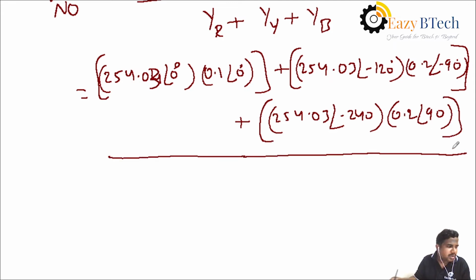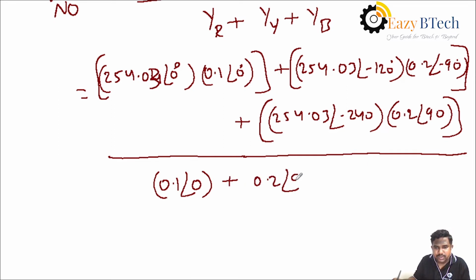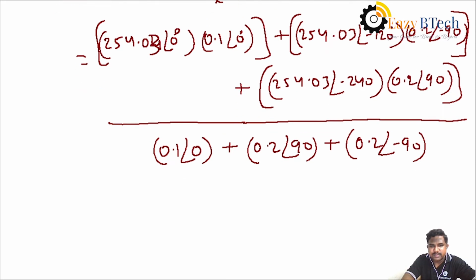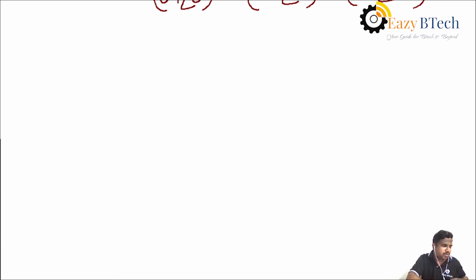divided by the total admittance value, that is 0.1 at an angle 0 plus 0.2 at an angle 90 plus 0.2 at an angle minus 90. Hence, you can simplify the ratio, then we will get the value.